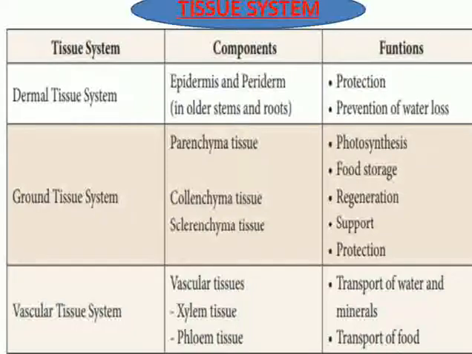The epidermal tissue system consists of epidermis and periderm in the older stems and roots. It becomes periderm. Its function is protection and prevention of the water loss.